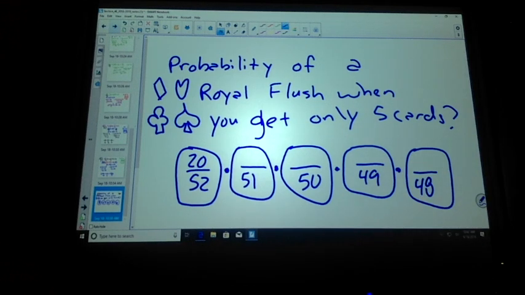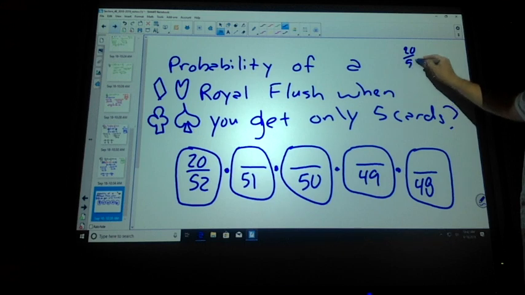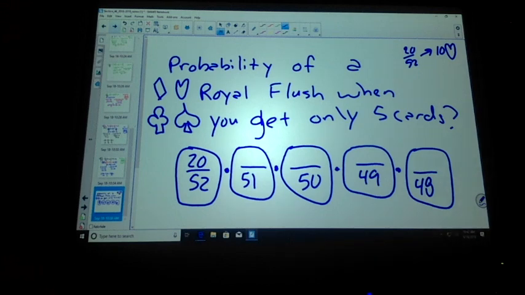Okay? All right. So now, of those 20 out of 52 cards that came to me, let's just say for laughs, we drew the 10 of hearts. So we're trying to get all hearts now. Make sense?